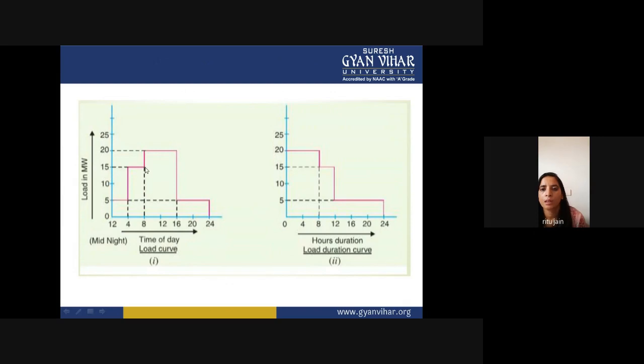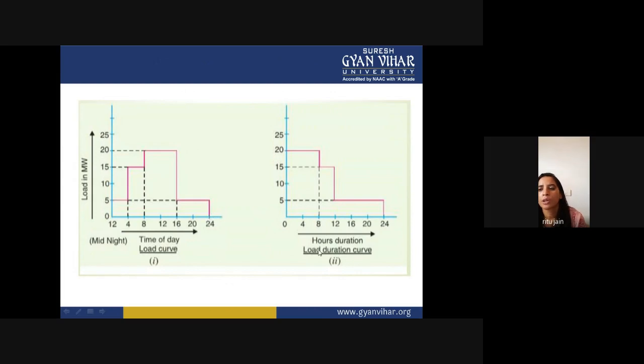Then after 8 a.m., from 8 to 4, the load is 20 megawatt. After 4 p.m., the load is again 5 megawatt. And in the night, it becomes almost zero. Not zero, but the load is light.